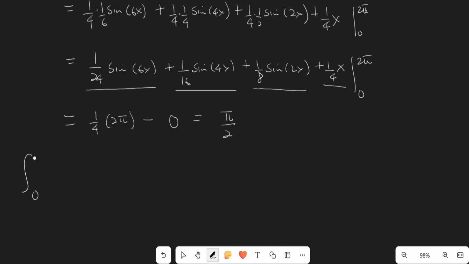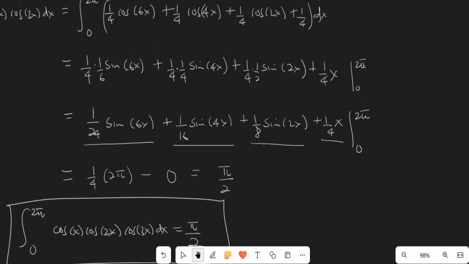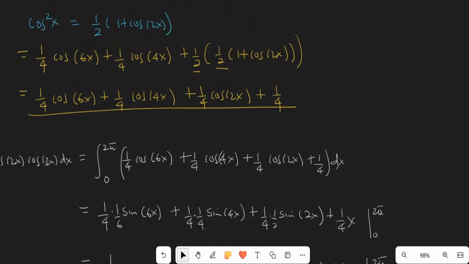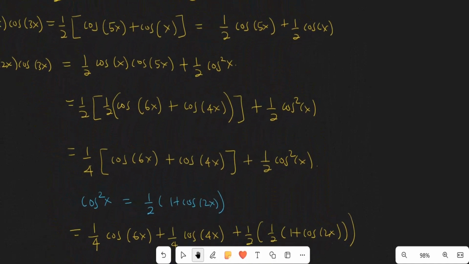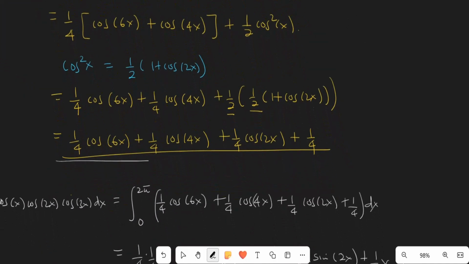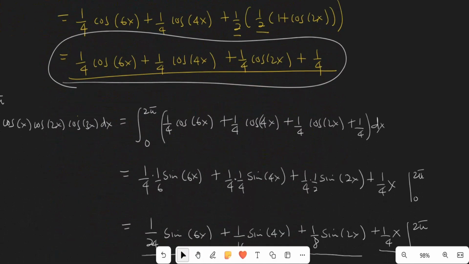If you integrate 0 to 2 pi of cosine of x, cosine of 2x, cosine of 3x dx, this evaluates nicely to pi over 2. So we first start off by using the double angle identity in order to break this one down into something that can easily be integrated, and the answer is pi over 2.